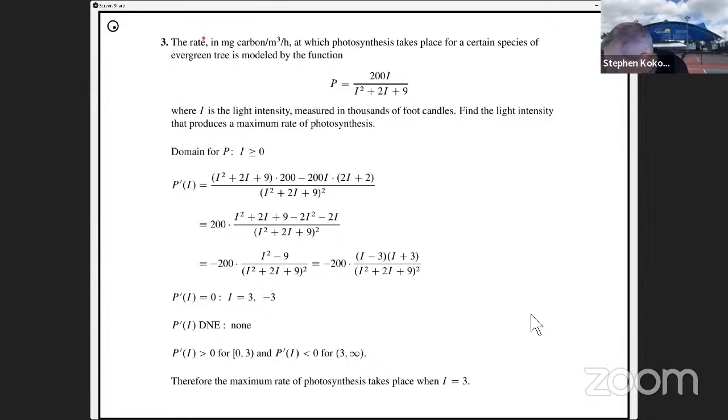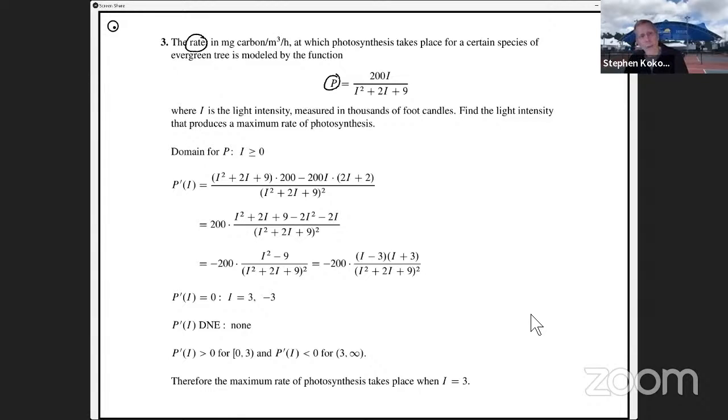I'm going to circle this word here because this is a little unusual. P is actually a rate here, not a quantity. So we want to know if we can find the light intensity that produces the maximum rate of photosynthesis. In essence, what we want to do is to maximize this value of P.